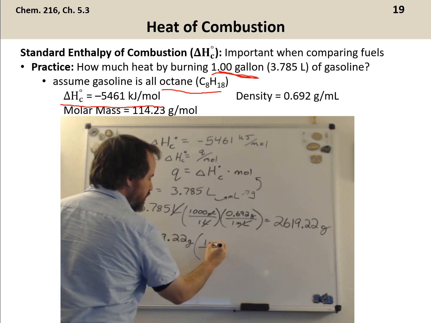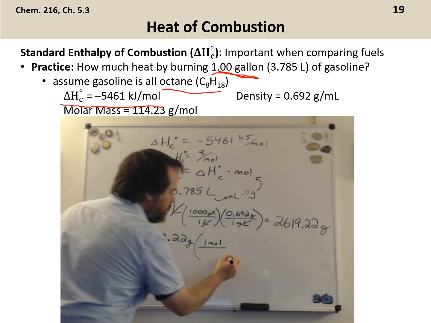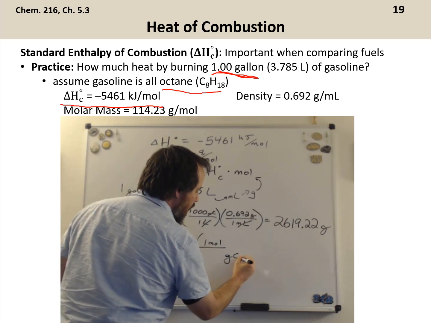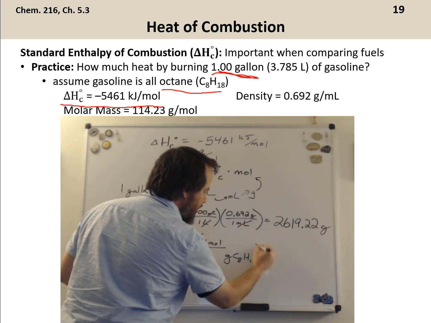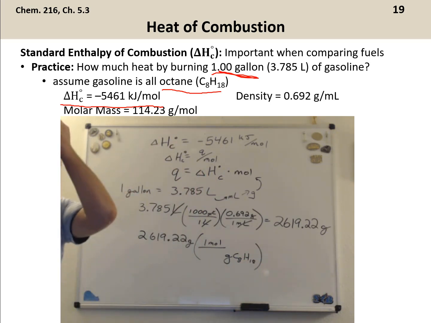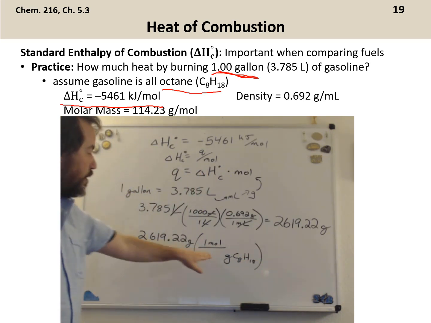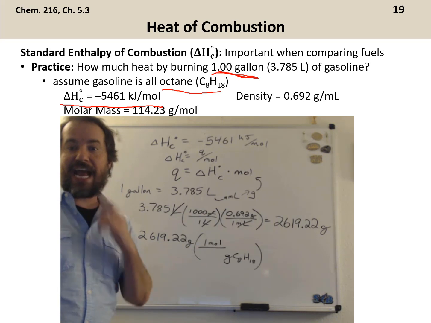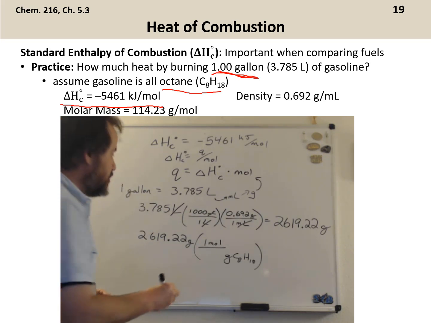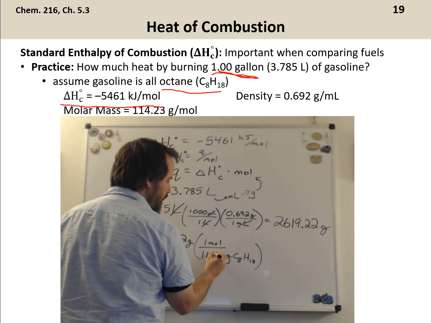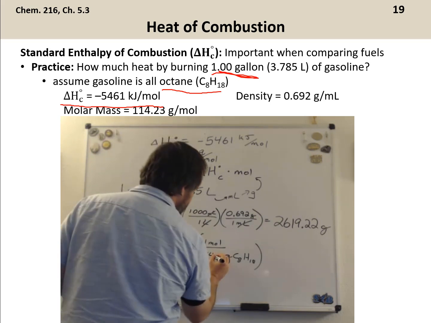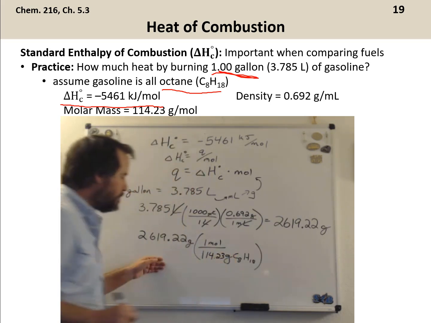So I can take this 2,619.22 grams, then say, how many grams are in 1 mole for octane? This is C8H18. Well, the molar mass of C8H18 was given to me, but I could have found it from the periodic table. It's 114.23 grams.